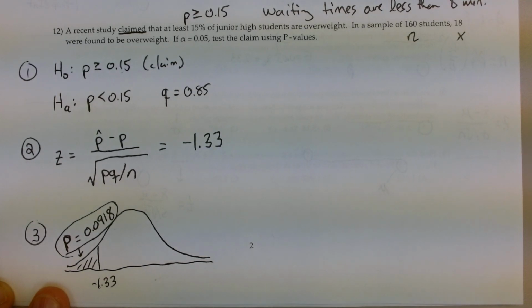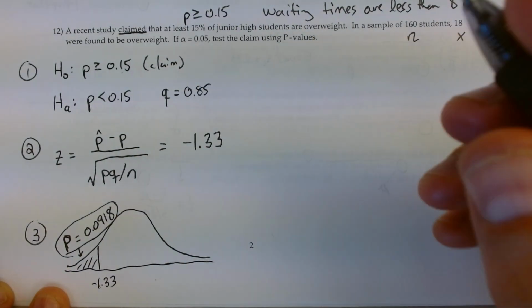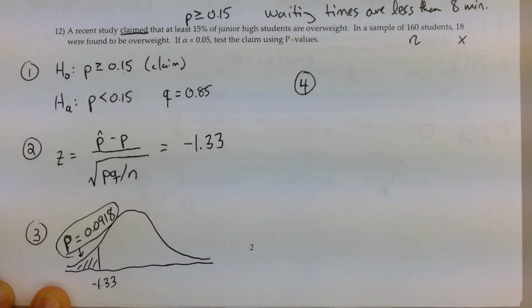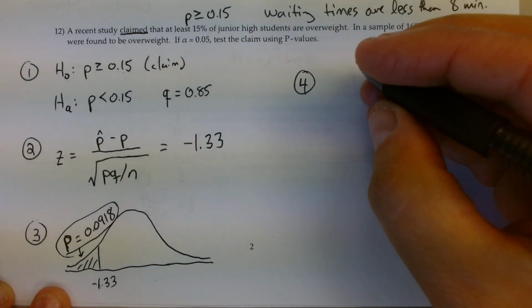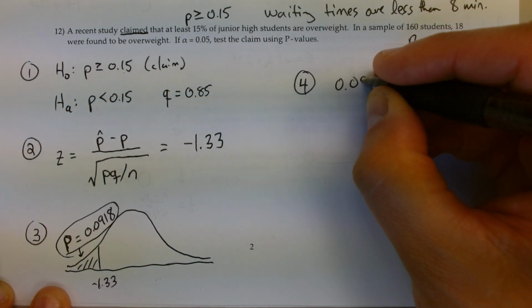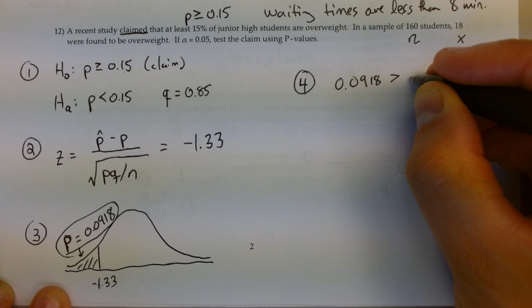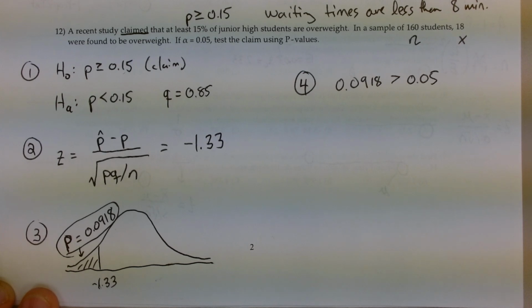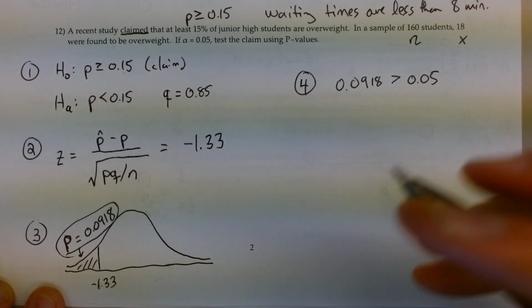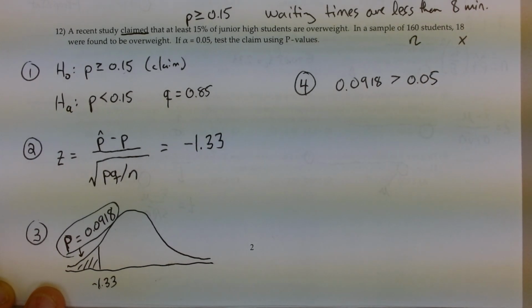Now to decide our test, we compare that to the alpha. So in the p-value method, you just compare the p-value you get from step 3 directly to the alpha that's given. So 0.0918 is bigger than 0.05, which means the probability of making a type 1 error is a little over 9%, and what we're willing to risk is a 5% chance of doing that.